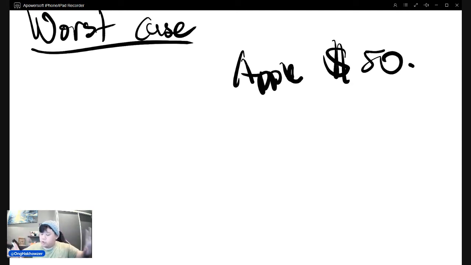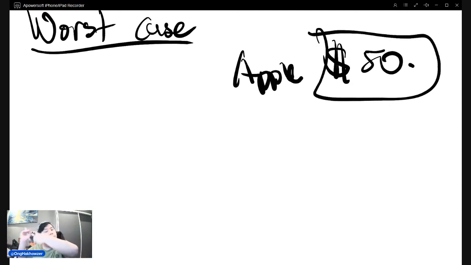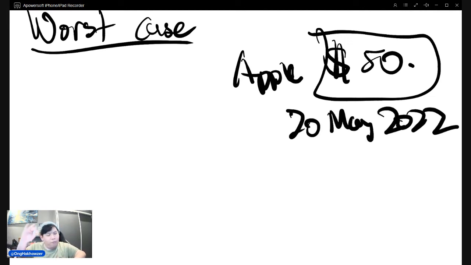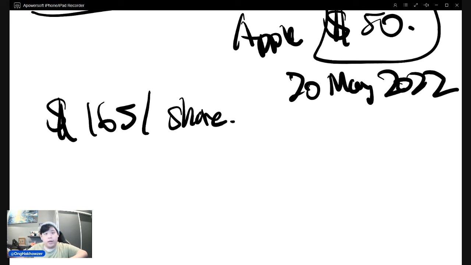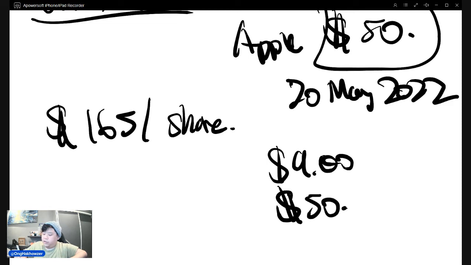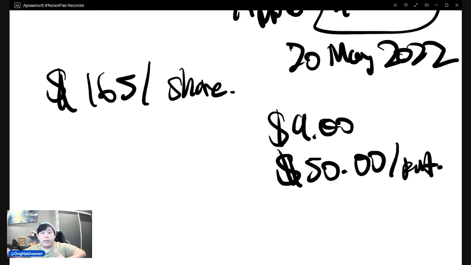So Apple at $50, for example, if that does happen, of course by May 2022, very, very unlikely, but I'm still going to put it at $50 just to give you guys the context. You're still going to be buying at $165 per share, and chances are this put that you're getting $9 for is possibly going to be worth $50 per put, aka $5,000.